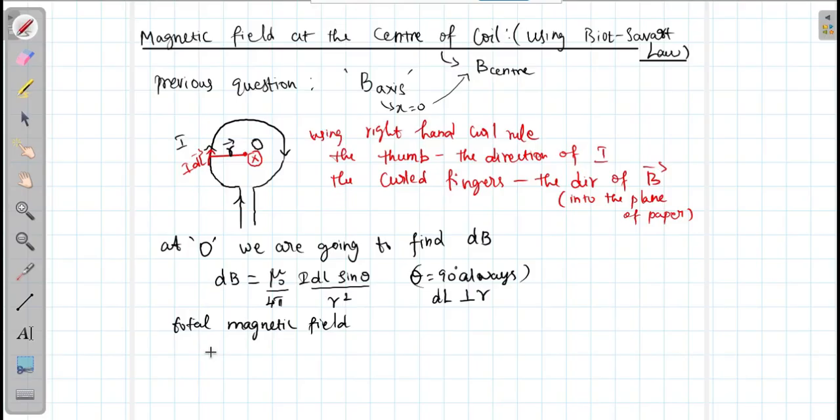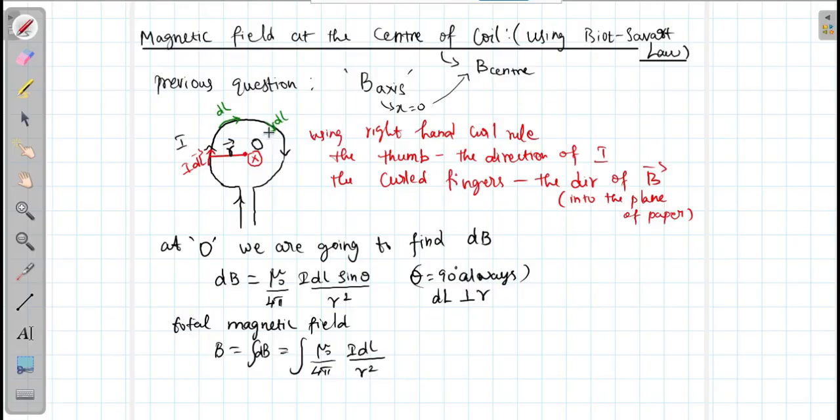Total magnetic field here is integral dB, which is equal to integral mu naught by 4 pi I dl divided by r square. See, in this case, if you keep dl anywhere, the distance between the center and the dl is always the same.